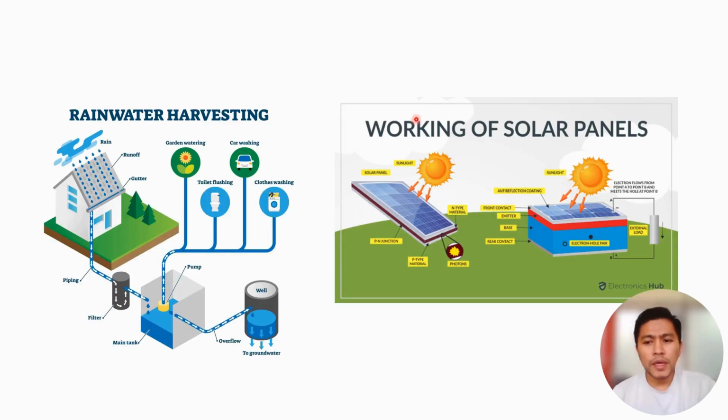We can also use a rainwater harvesting system to collect and store rainwater for irrigation and other uses. And to generate electricity, we can install solar panels on the roof and other types of renewable energy systems to generate electricity on site.